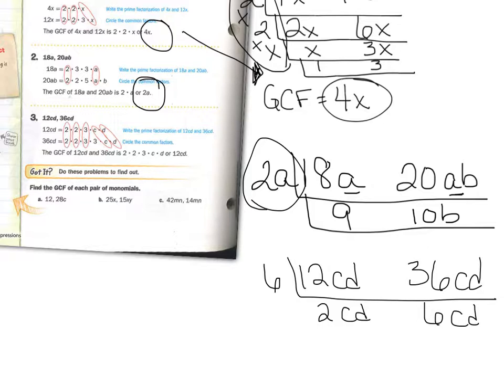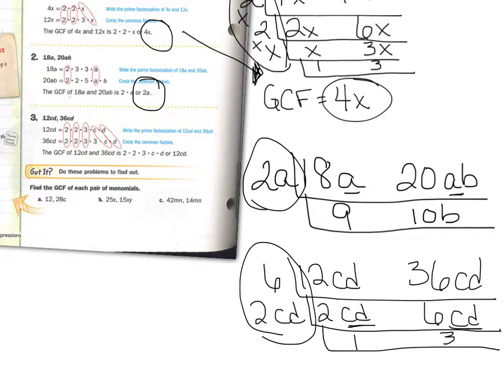Don't forget the cd, but I can see that they both have cd, so I should probably take that out this next time. So I'm going to take 2cd out, and I am left with 1 here, and 2cd goes into 6cd 3 times. So my greatest common factor would be 12cd, and that is exactly what they got.